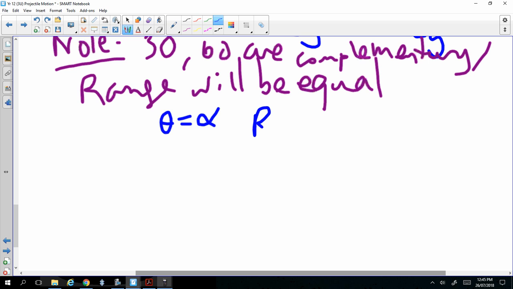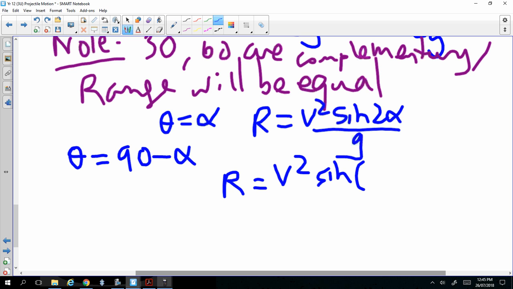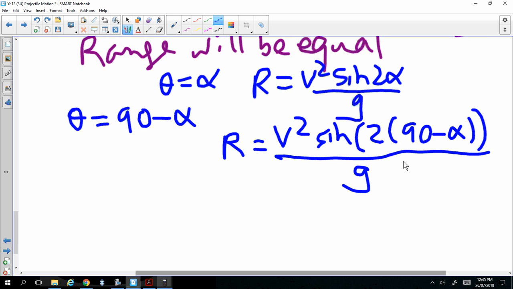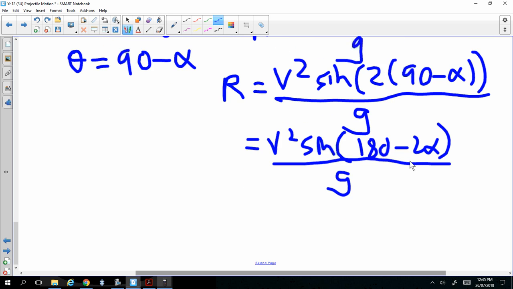If you expand this, you get v squared sine (180 minus 2 alpha). We know from trigonometry that sine (180 minus 2 alpha) is just sine 2 alpha, which is the same as before. Let's call this R1 and this R2. R1 equals R2, so we've proved it's true in general.